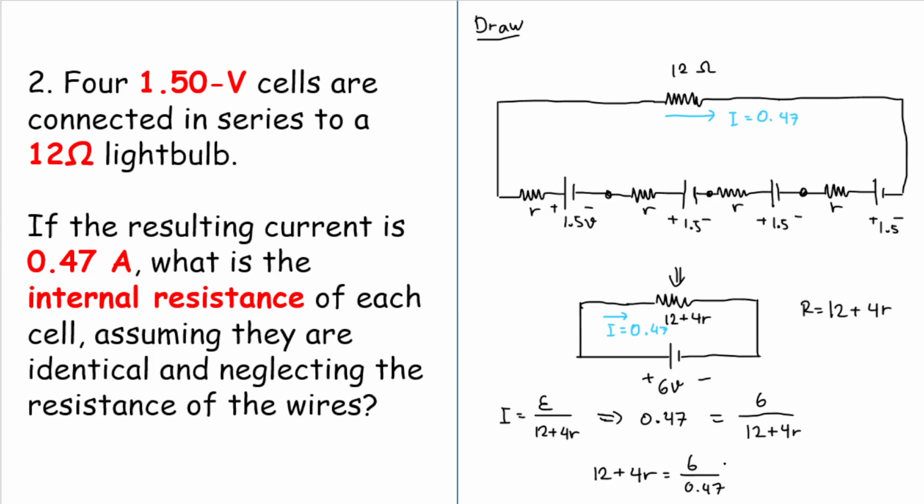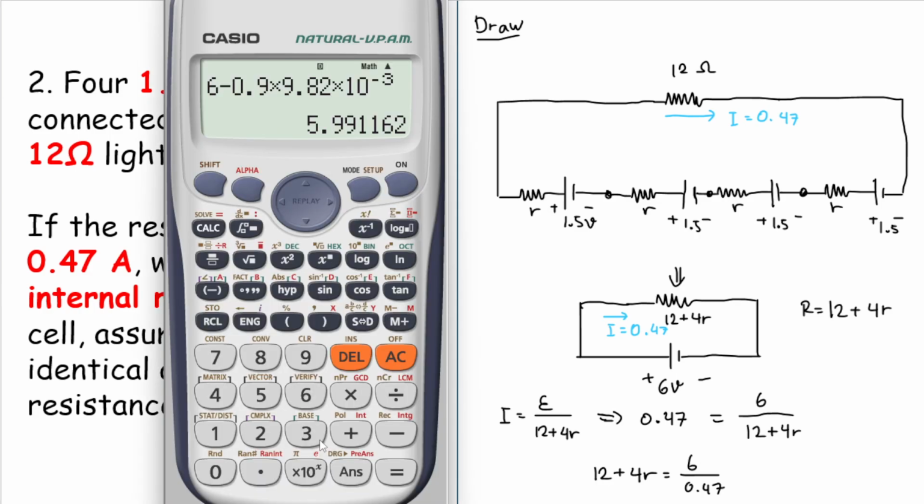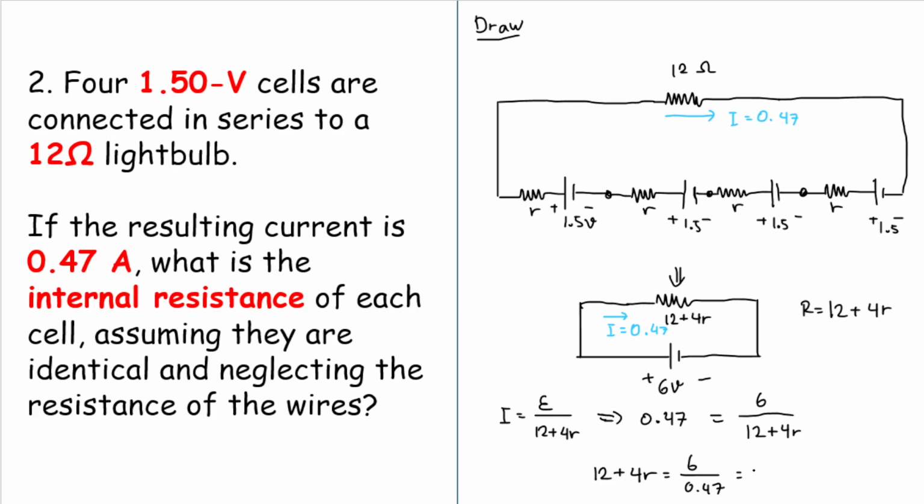Okay, and maybe let's calculate that, right? So we will have 6 divided by 0.47. That will be 12.77. Okay, so we'll have 12.77.